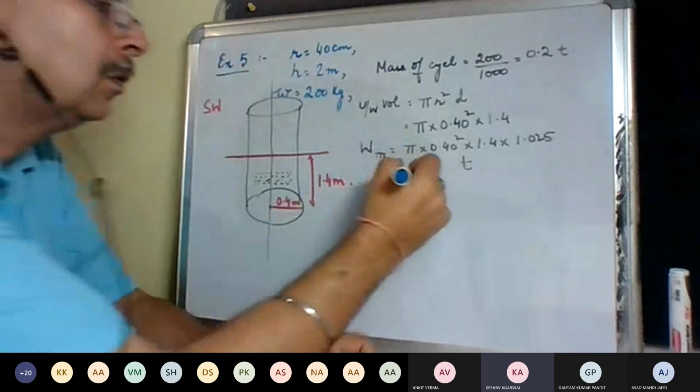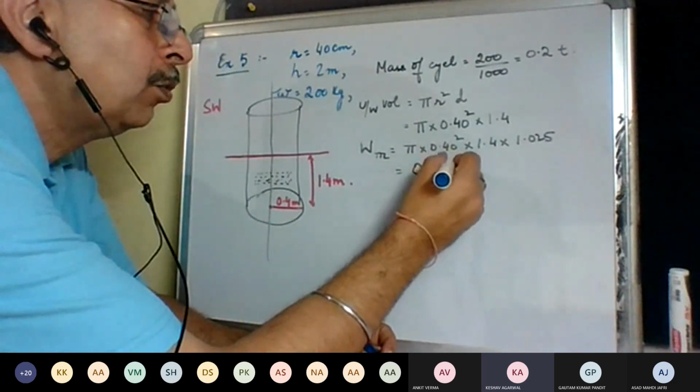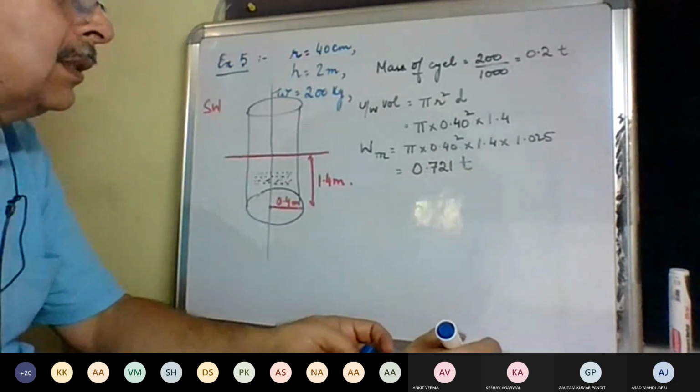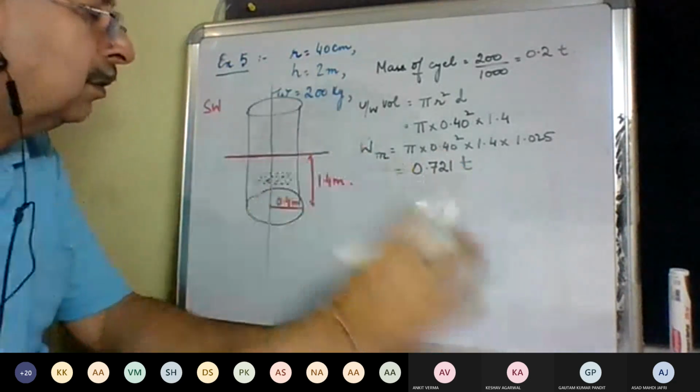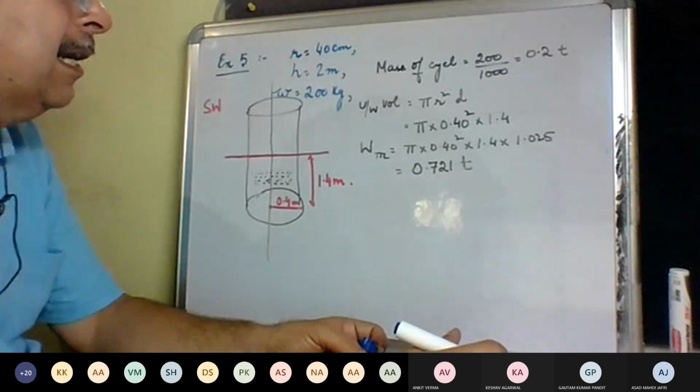So 0.721. This is the total mass of the cylinder plus the lead in it.